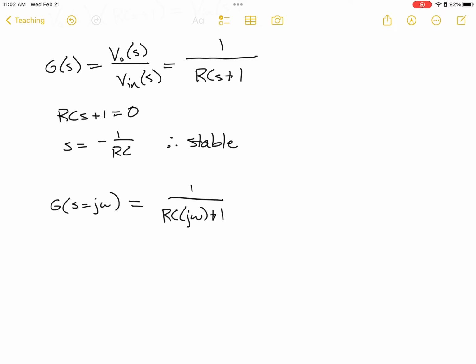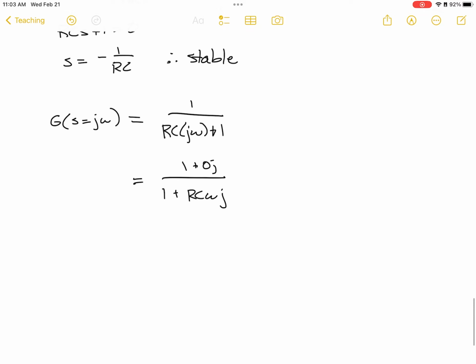This transfer function, we can view as a complex number divided by a complex number. So 1 in the numerator is 1 plus 0 times j, and in the denominator I'll rewrite it as 1, which is our real value, plus RC omega j.